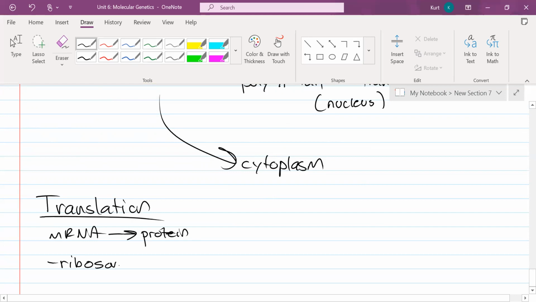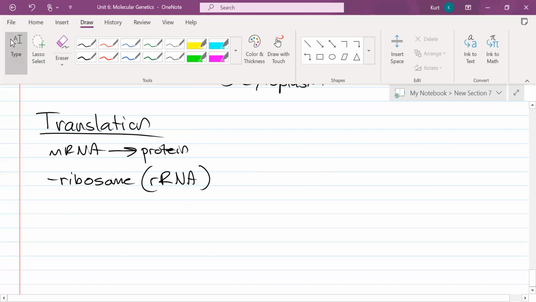What type of RNA is a ribosome made up of? Ribosomal RNA. Very good. What do you call those 3 base codes that are written on the mRNA? They're called codons. What is the start codon?